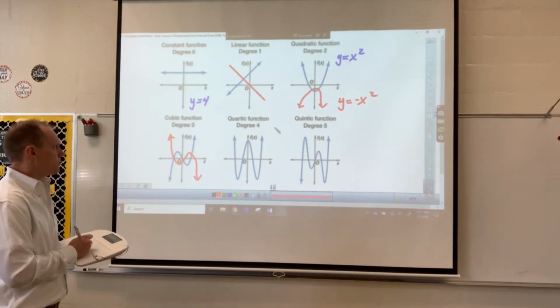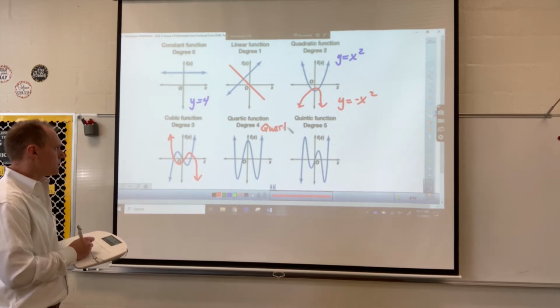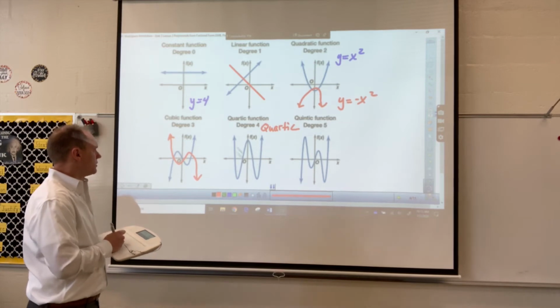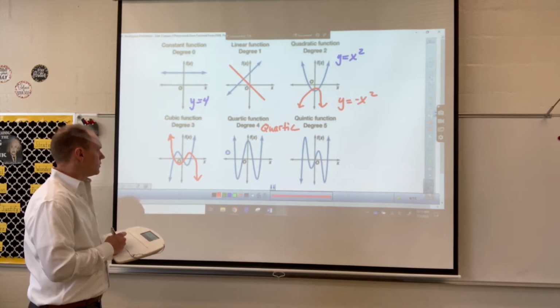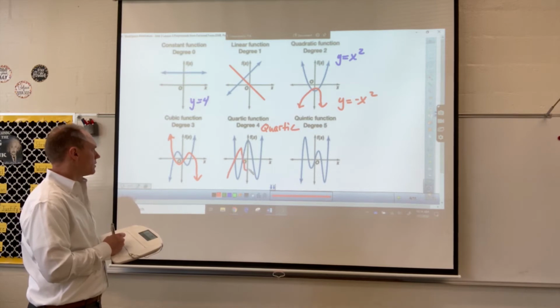Degree 4, which is what we call a quartic function, looks something like this. Or it could look something like that.